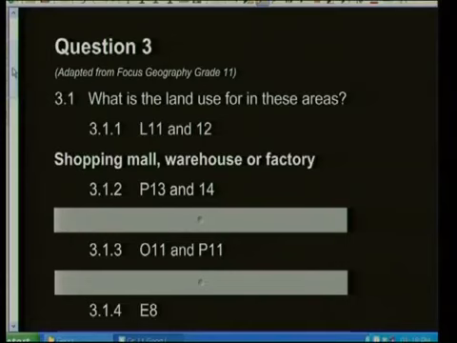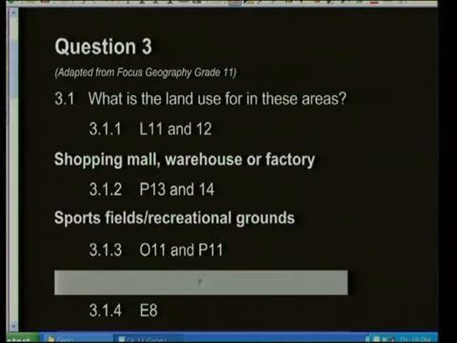The second one is P13 and 14. Let's look at it down here. And let me get my little eraser. It says sports field or recreational grounds. Let's go back and see how we got this.